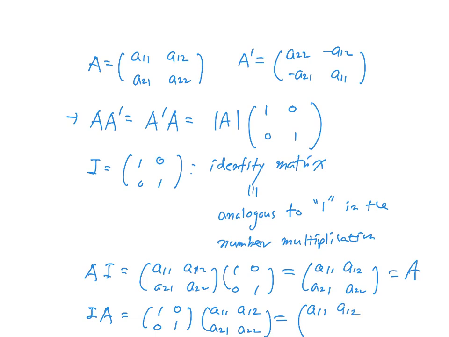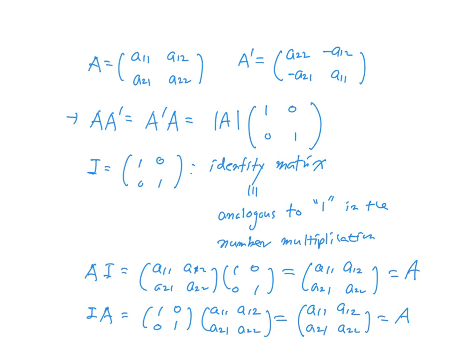And then for the second row, 0 times A11 plus 1 times A21 is A21. Finally, 0 times A12 plus 1 times A22 is A22. Again A, right? So the identity has a particular property that when you multiply any matrix by the identity, the result is the original matrix.